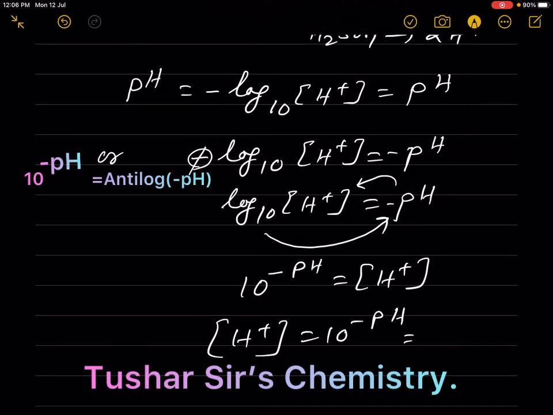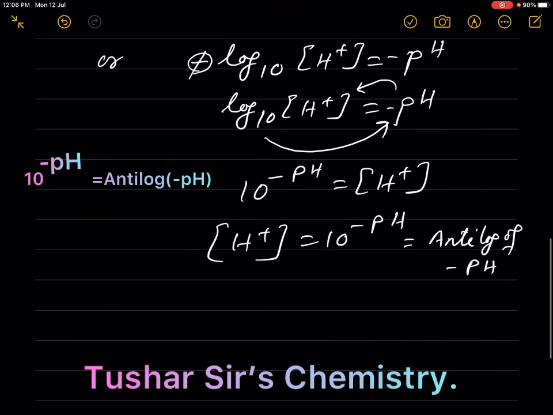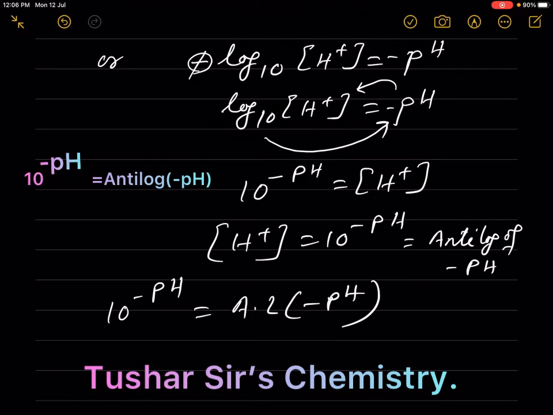This is also known as anti-log of minus pH. You can see 10 to the power minus pH is known as anti-log of minus pH. Log H plus is equal to minus pH.